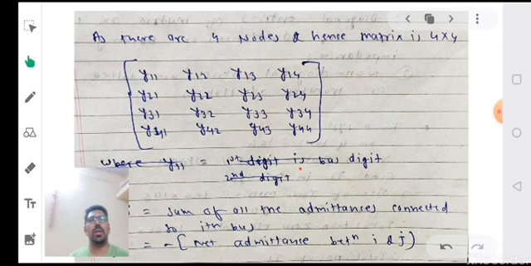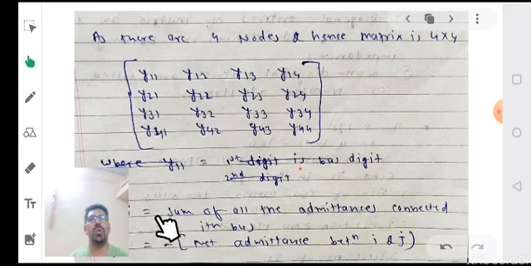Now to draw the bus admittance matrix, as we know there are 4 nodes, therefore the size of the matrix is 4 by 4. Here we can see this matrix: Y11, Y12, Y13, Y14, Y21, Y22, Y23, Y24, and so on up to Y44. Y11, Y22, Y33 and Y44 are called diagonal elements.